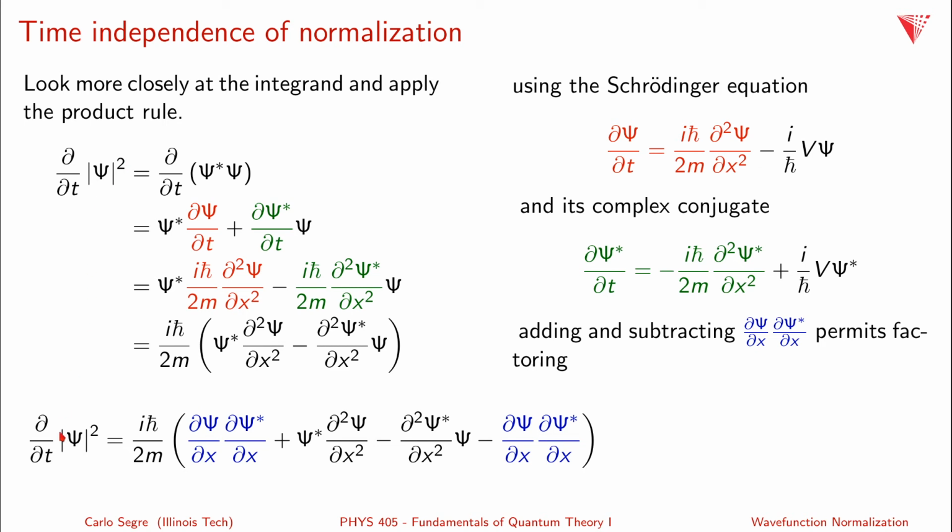So we now bring this down from the top, so it's the partial with respect to time of the modulus squared of ψ equal to iħ over 2m times the quantity in parentheses, which has the partial of ψ with respect to x times the partial of ψ* with respect to x, plus ψ* times the second partial of ψ with respect to x squared, minus the second partial of ψ* with respect to x squared times ψ, minus the partial of ψ with respect to x times the partial of ψ* with respect to x.